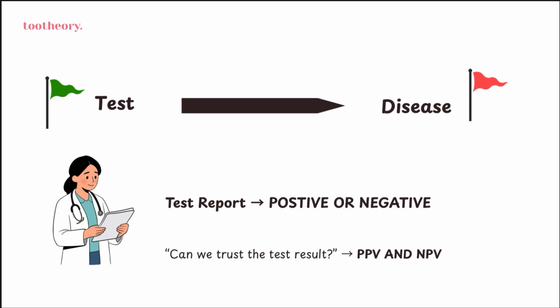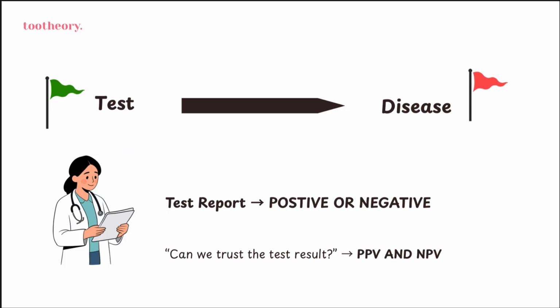So the question becomes here, can we trust this test result, right? So essentially, in easy language, what it's trying to tell us is that we have a test report which is negative or positive in a definitive manner, and how much can we trust this test to tell us if this patient is diseased or not.